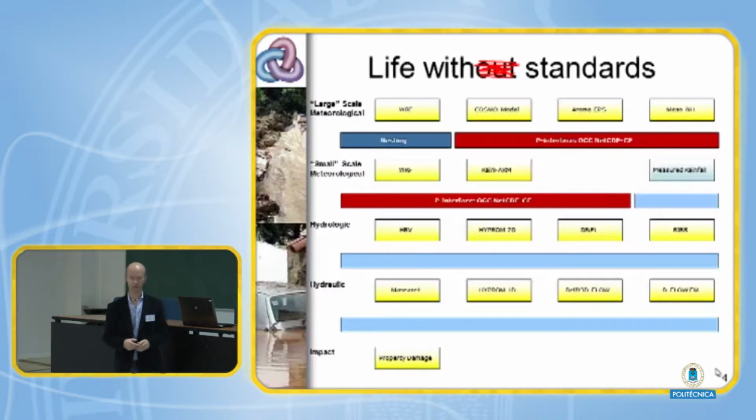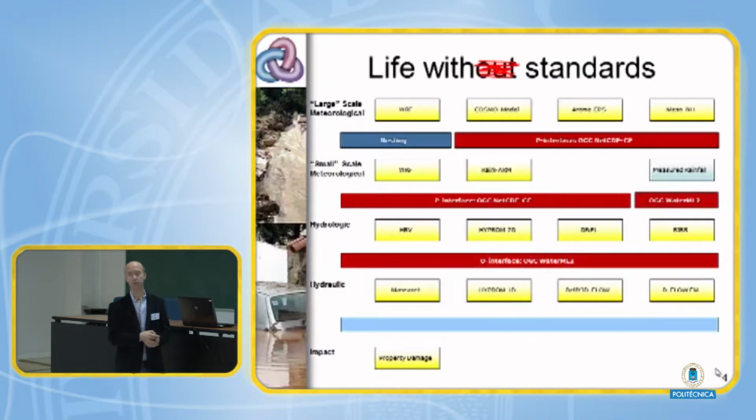So we have introduced a P interface. Remember P as in precipitation, for information that goes basically from the meteorological models to the downscaling models, and from meteorological models and these downscaled models in general to hydrological models. Then we introduced the Q interface, the discharge interface, for which we are using WaterML files between the hydrological models and the hydraulic models.